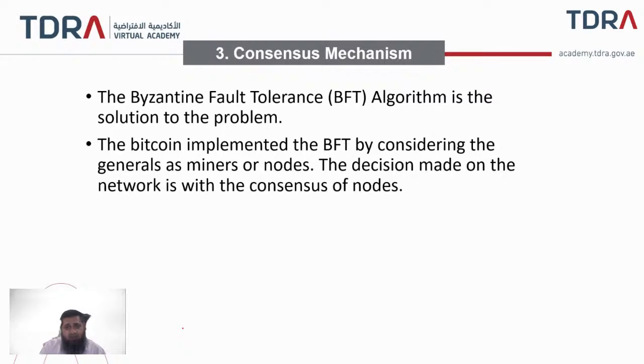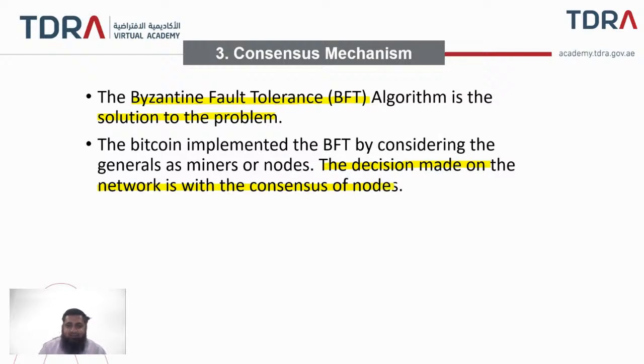There is a famous algorithm called the Byzantine fault tolerance algorithm. That is BFT, and it is the solution to the problem of which employee will be retained and which employee will be removed from the job. So this decision is made on the network and it is called the consensus of nodes.